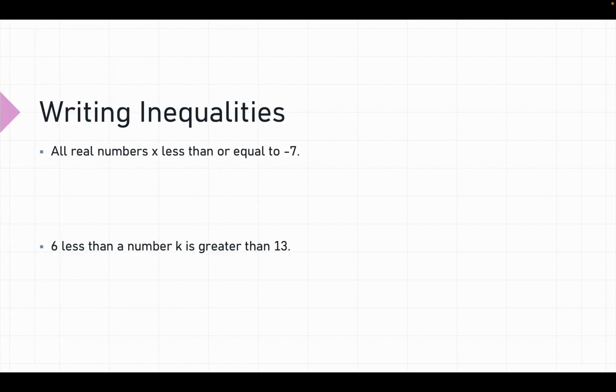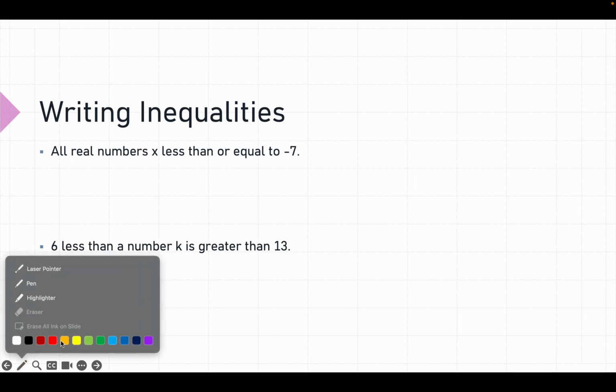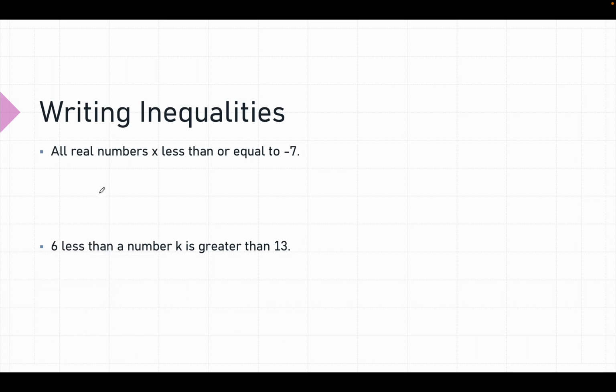Writing inequalities. All real numbers x less than or equal to negative 7. All real numbers x, there you go, x is all of the potential solutions, and then less than or equal to, so you can put a line underneath that.